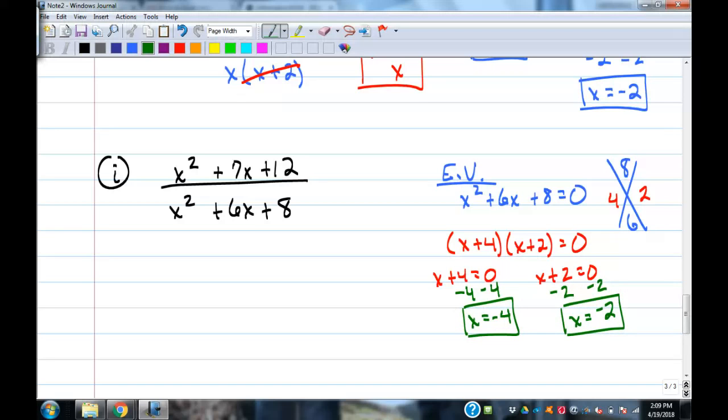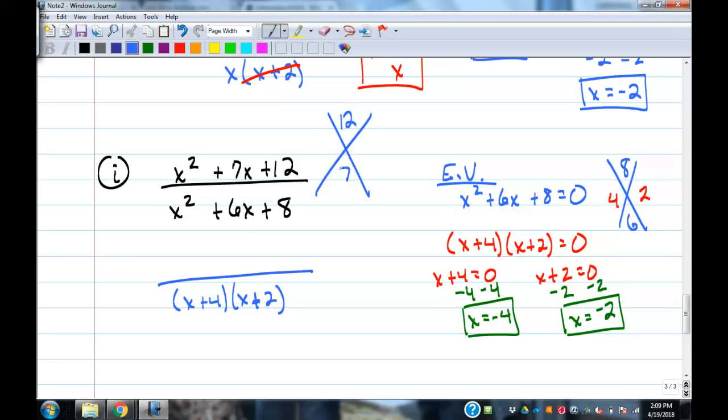I've already got the bottom part factored, so I don't have to do it again. It's x plus 4 times x plus 2. I hope that one of those factors shows up in the numerator so that I can cancel it out. So I'm going to factor the numerator.